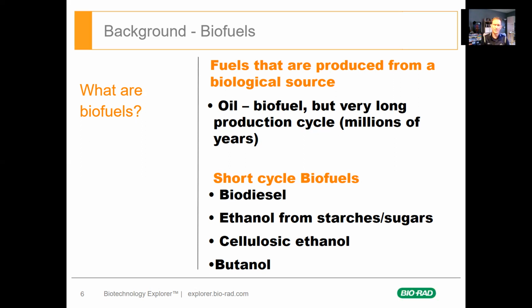I don't recommend you drink ethanol. And propyl just means it has more carbon on it. But these are short cycle ones that can be made different ways. We're going to focus a little bit on getting ethanol from starches and sugar, actually cellulose.